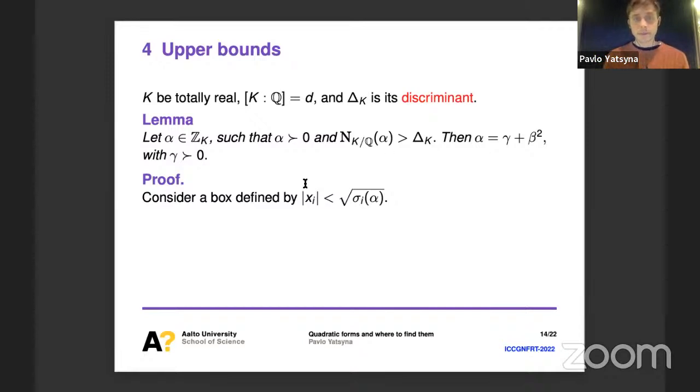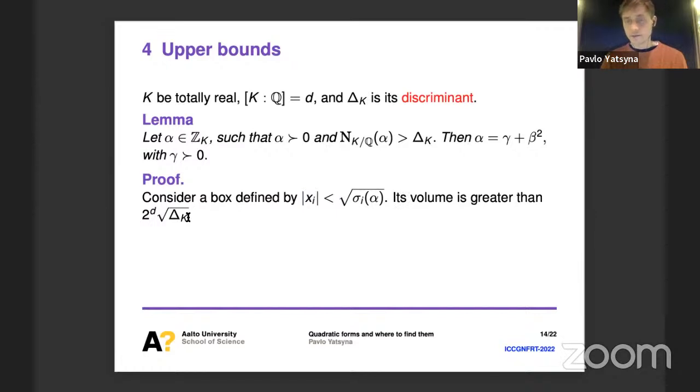So we consider the box defined by the square roots of the embeddings of our element alpha. So we assume here that alpha is of this norm. Now, based on this definition, we know the volume of this box is greater than 2^d times the square root of the discriminant.